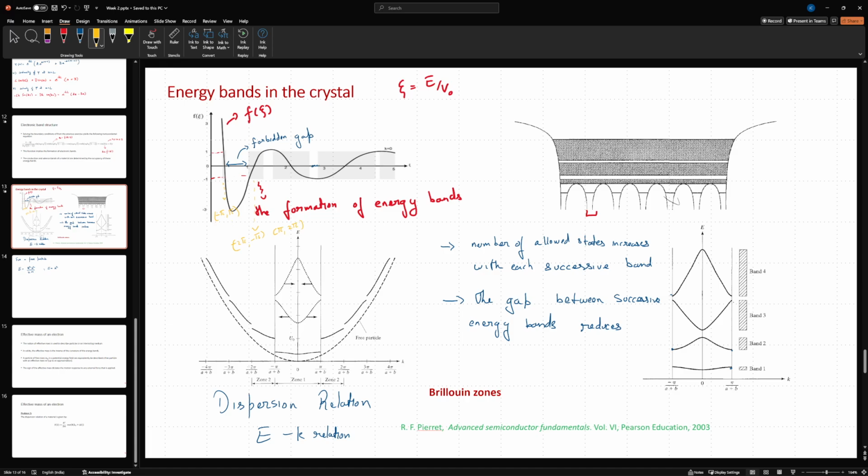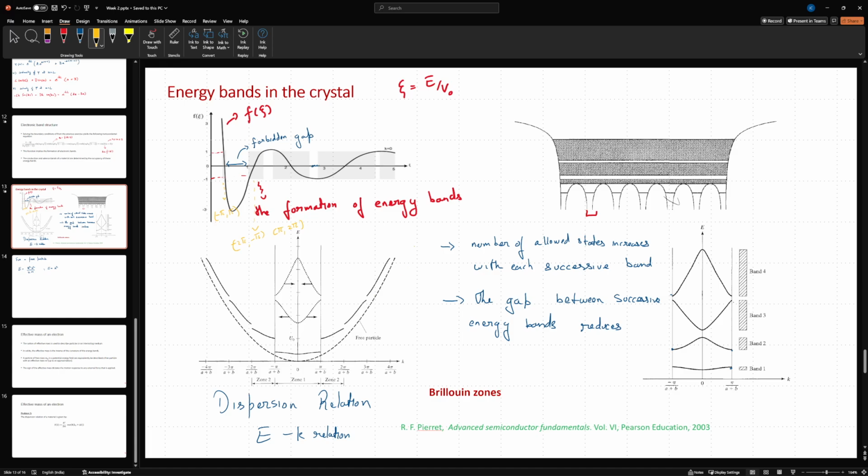So essentially, each of these corresponds to a segment of pi angles. Minus pi to pi is 2 pi, minus 2 pi to minus pi is pi, and pi to 2 pi is pi. So this is one segment corresponding to pi by L technically, and similarly, the lines will stretch.